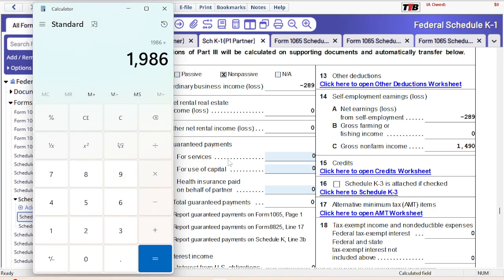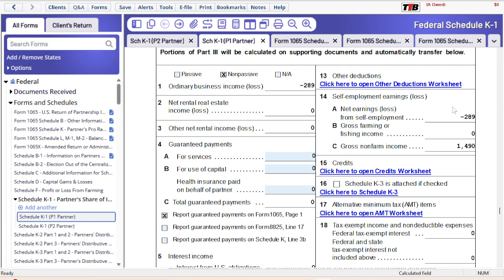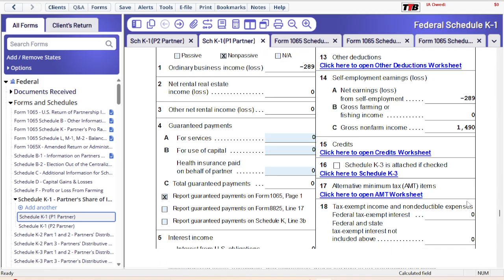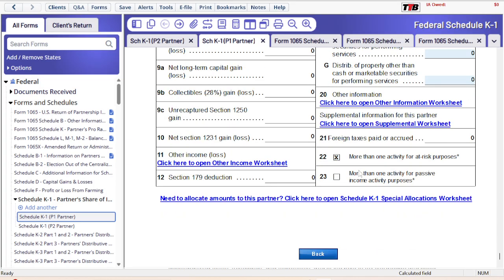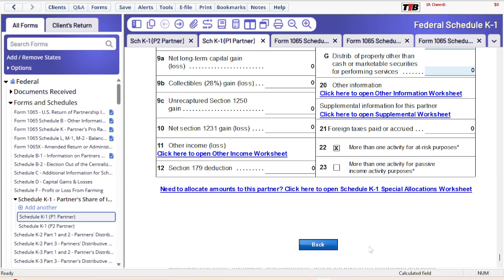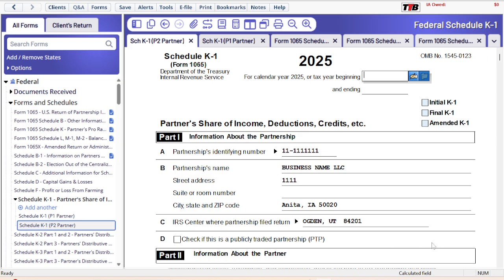If it was this times 0.75, you can see it there. That's that. And this one we calculated before. So it'll put those numbers there, and I think that is pretty much it. But because we checked more than one activity on Schedule K, we will have it checked here as well for us, and that is Schedule K1 for partner 1, and that is how you complete it.